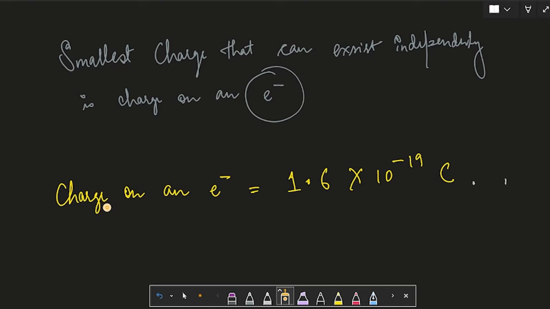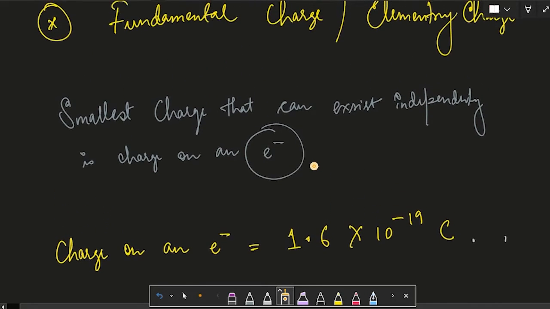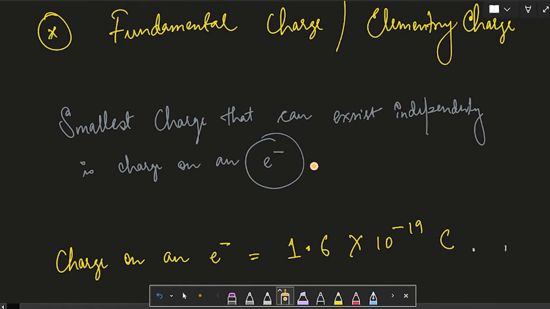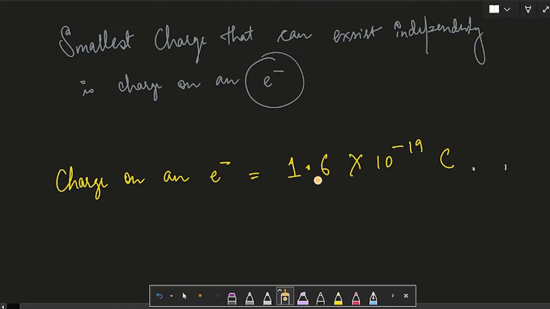Okay, I hope I'm clear. This is also known as the elementary charge. So if anybody has a question about what elementary charge is, it is the same as the fundamental charge, and it is 1.6 into 10 to the power minus 19 coulomb, which is the charge on an electron. So the smallest charge possible here is the charge on an electron.